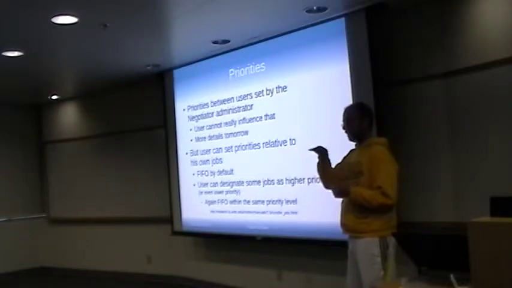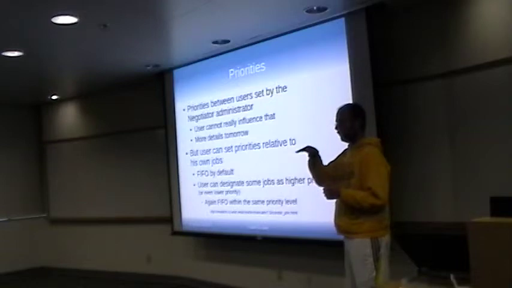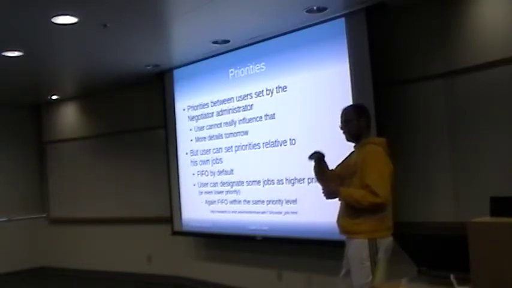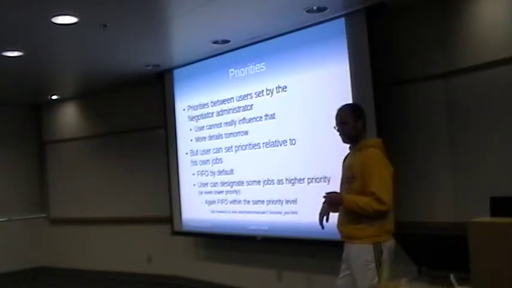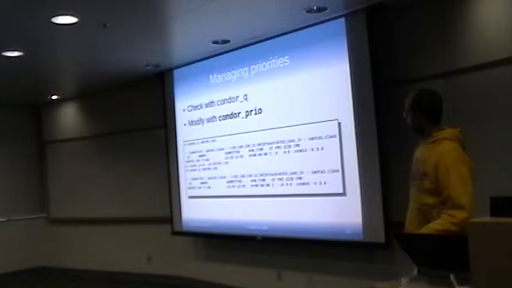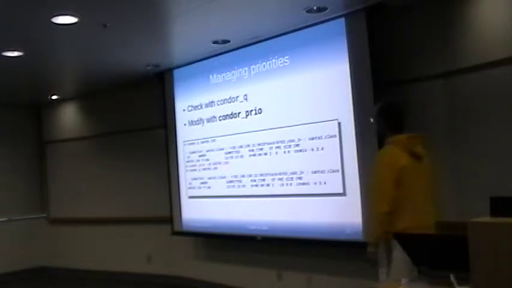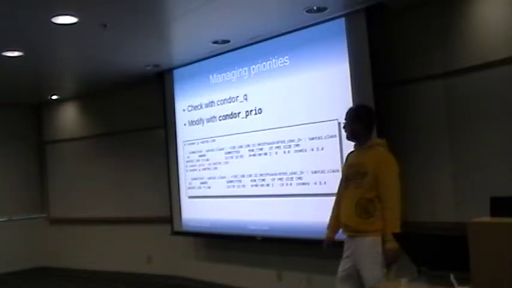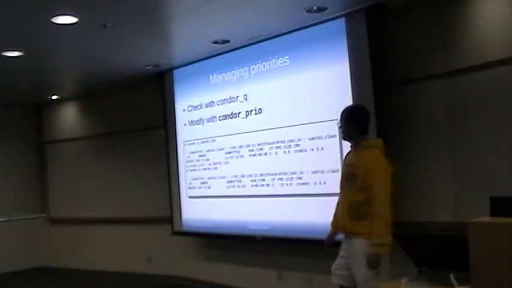So essentially, Condor has prioritized FIFOs. In every priority level, you get FIFO, and the highest priority FIFO will be exhausted first before any other will be considered. And how do you do it? Condor prio is what changes it, and you actually see it with condor_q.